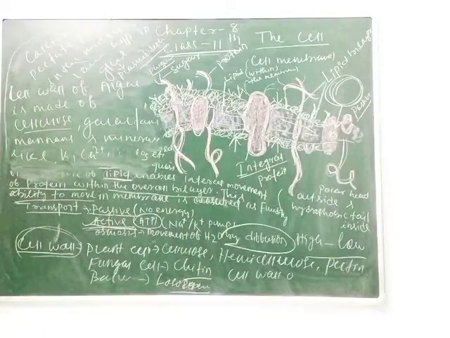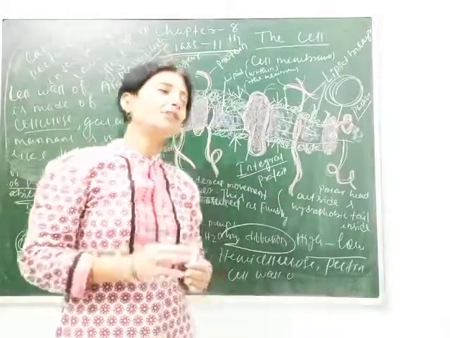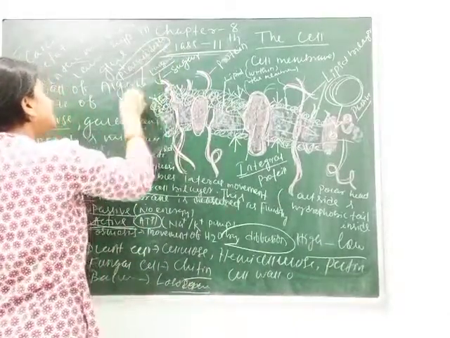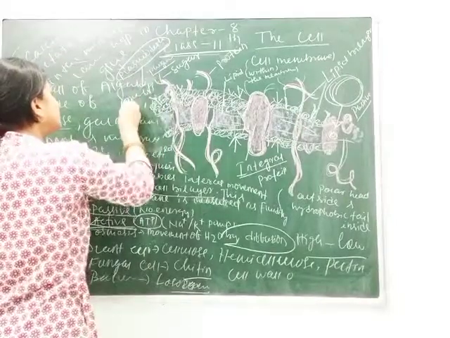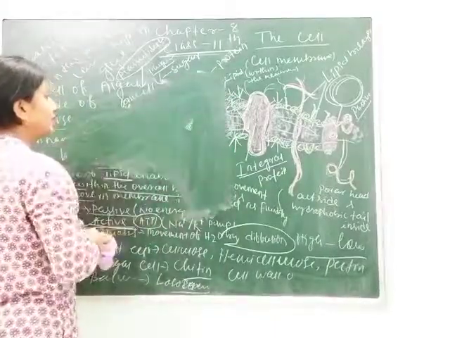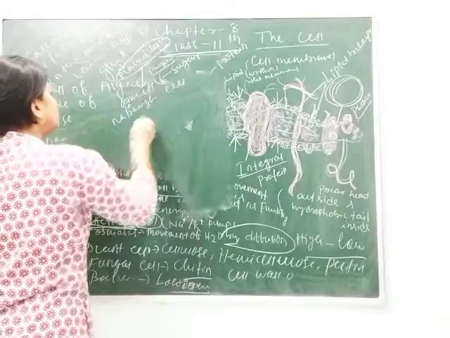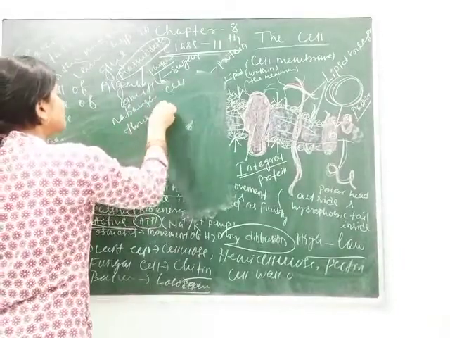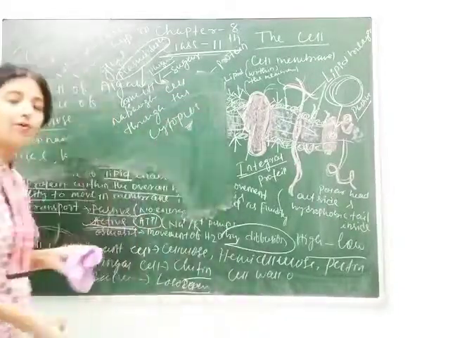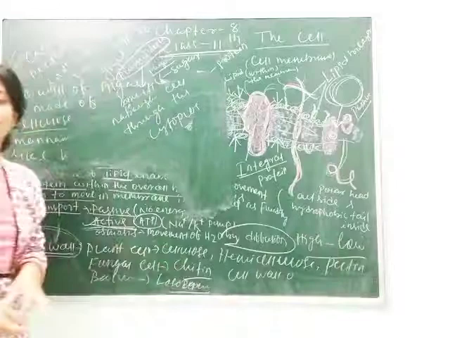That is called plasmodesmata, and it connects the neighboring cells through the cytoplasm. Clear, students? This is all about your cell membrane and cell wall. In our next class, we will study the endomembrane system.